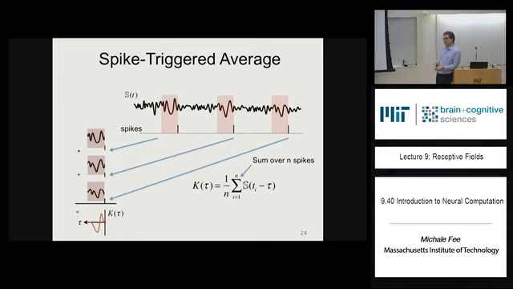Yes? Does that also depend on what kind of filter the neuron is, and whether it's a low pass filter, then in order to respond to the higher frequency? Yeah. So you're saying that the stimulus that you choose actually depends on the kinds of filters that the neurons are, right?